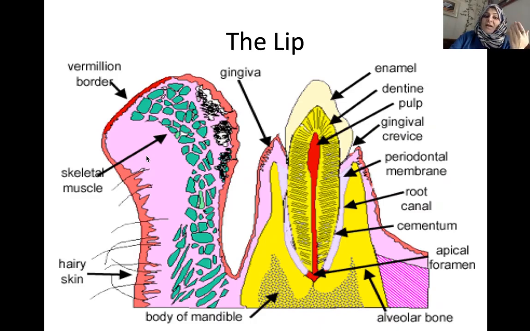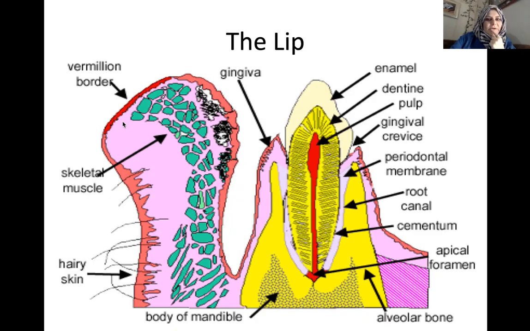The vermilion border, if we describe it histologically, is also skin but of a very thin type. One of the regions of the body characterized by thin skin is the lip. And it appears red.